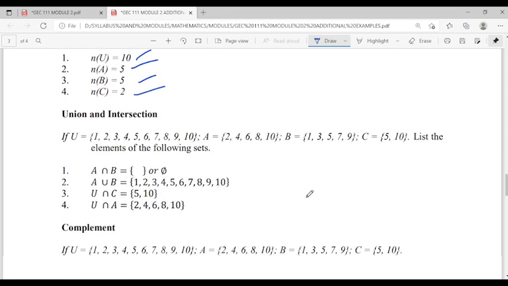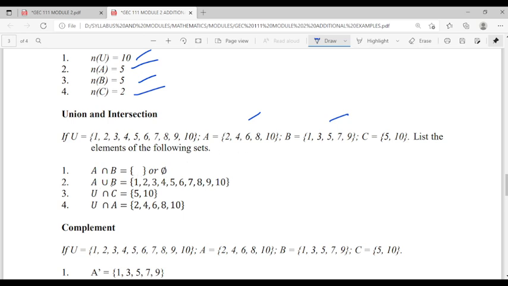The union and intersection. When we say intersection, ano yung common sa kanila, comparing the two elements? A, B. So, what is the common? Wala. So, null set.